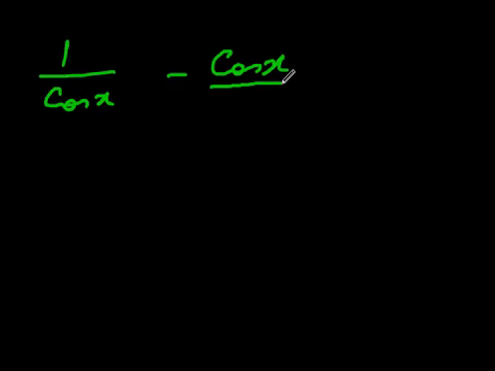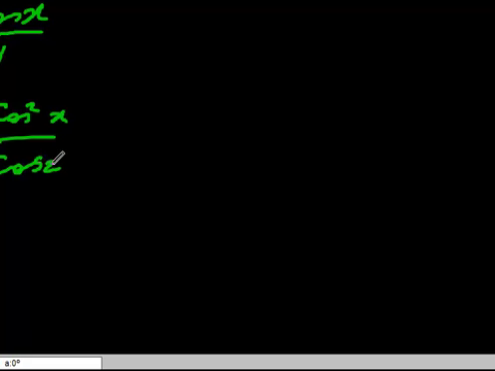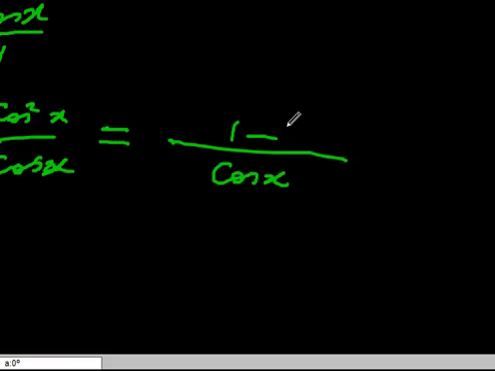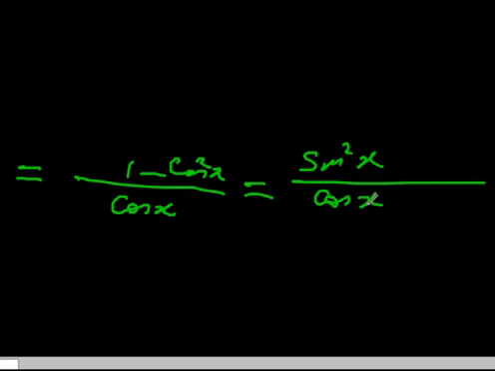Now that cos x has got a denominator of 1. To make a common denominator I should multiply it by cos of x. So that makes it 1 over cos x minus cos squared x over cos x. Because denominators are same, I can write it down as a single denominator, which is cos of x, and top is 1 minus cos squared x. Now 1 minus cos squared x is equal to sine squared x, because we know that sine squared x plus cos squared x is equal to 1, over cos x.